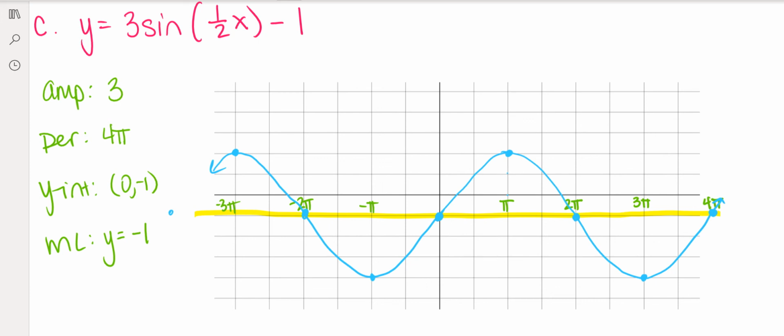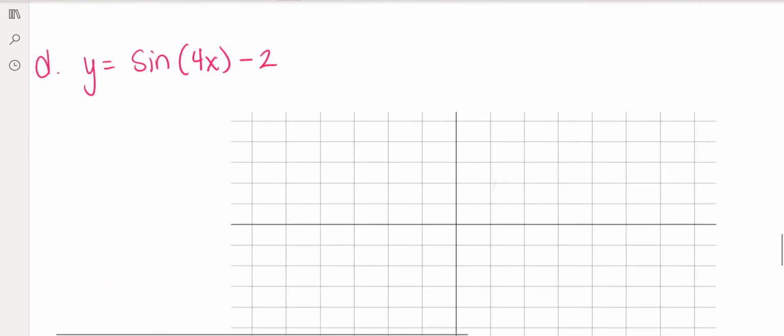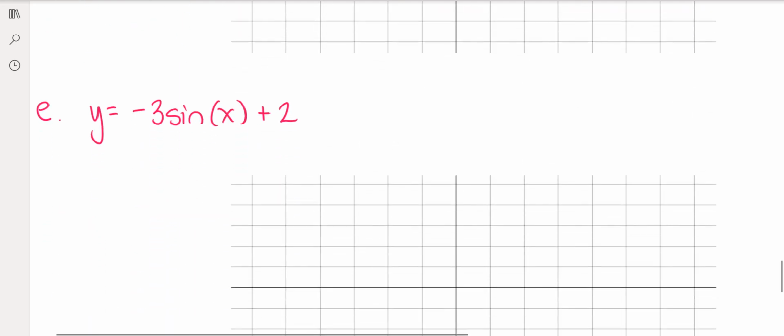Any questions here? Okay, one more. I'm going to let you guys work on this one. Let's see what you can do with this. Actually, no, let's do this one.